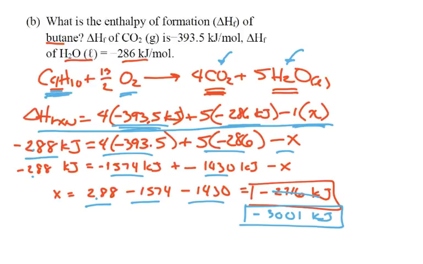But the problem here is I cannot put carbon and hydrogen together and have it turn into butane. So I have to calculate this value for the heat of formation rather than measure it. But I can measure CO2 and H2O. So that's how we get the delta H of formation for butane.